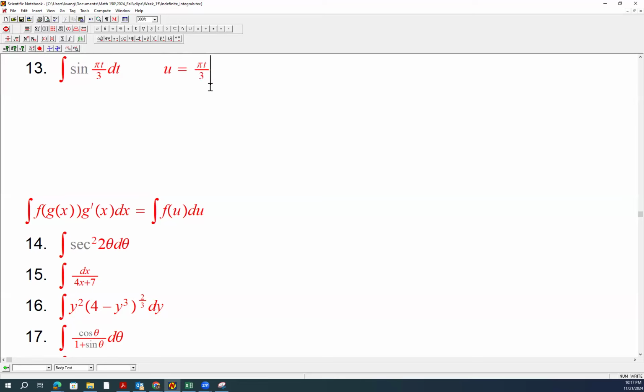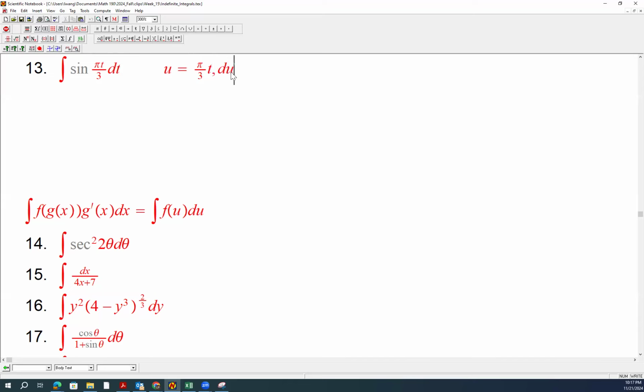I like to bring the t down here. Okay, so pi over 3 is treated as a constant. Sometimes in the textbook, they put a parentheses there. I don't think the parentheses is necessary, so I removed it.